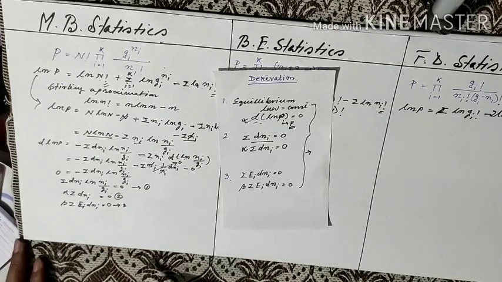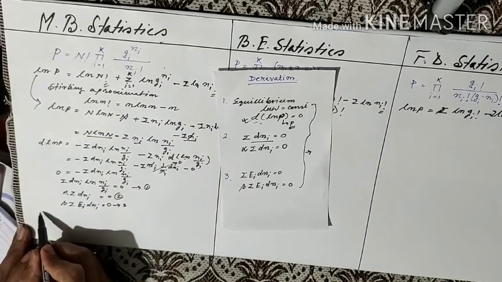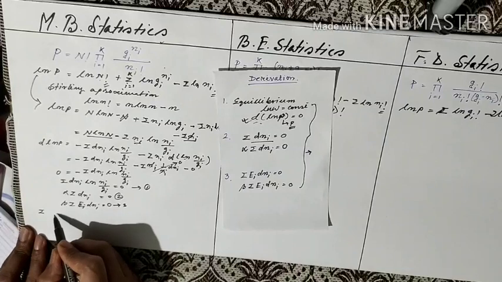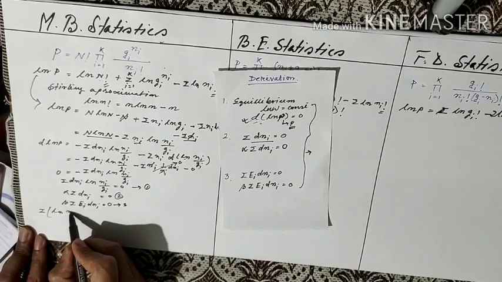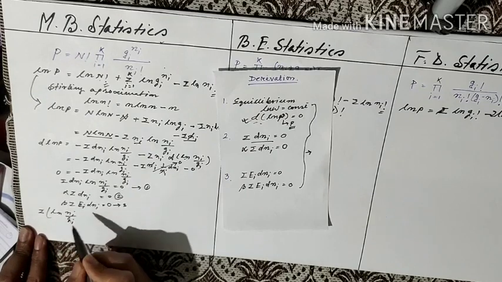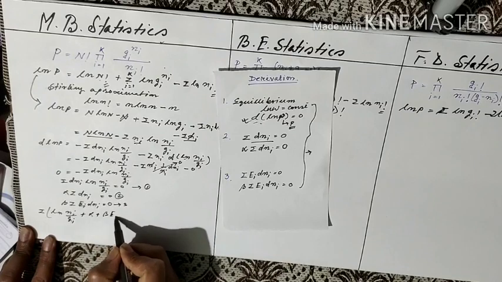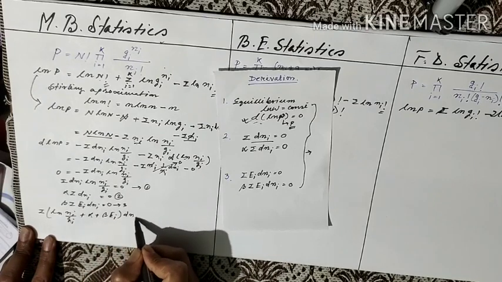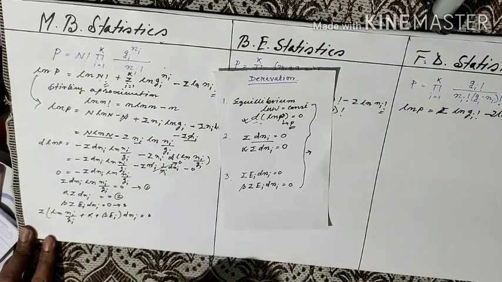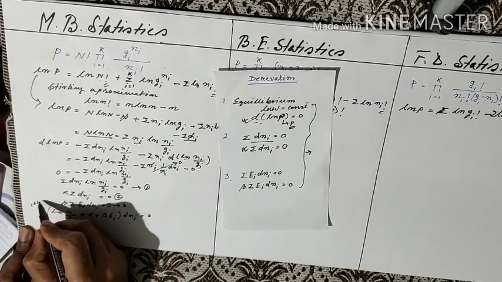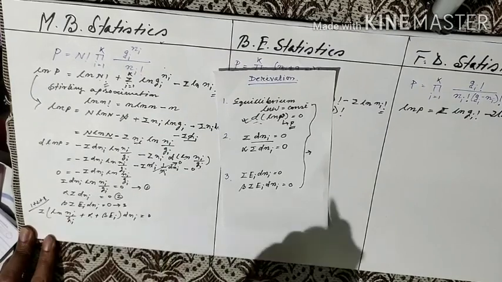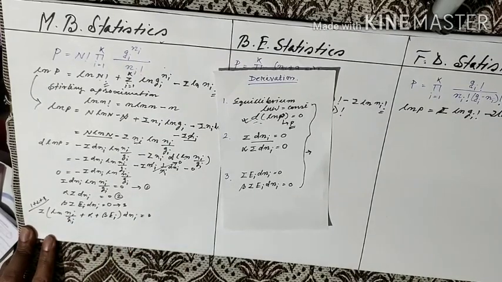So combining these three, what I will get, summation of ln ni by gi plus alpha plus beta ei dni is equal to 0. I just did 1 plus 2 plus 3. I have added these three equations.